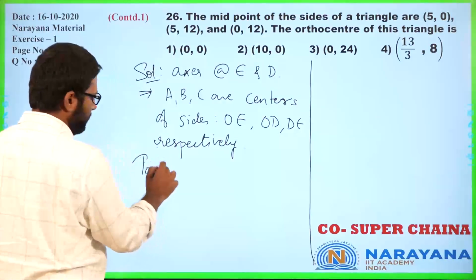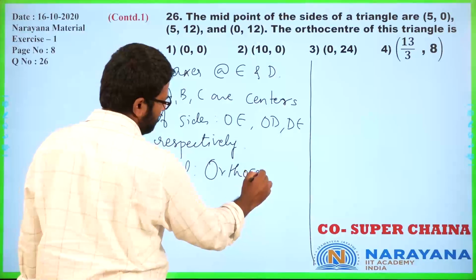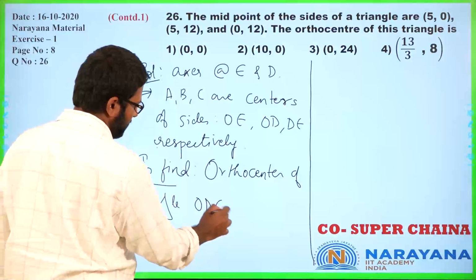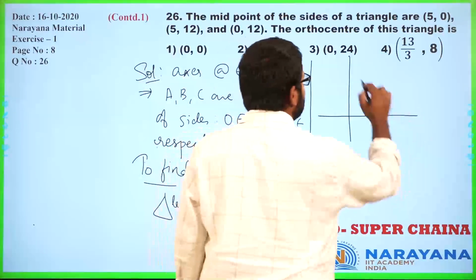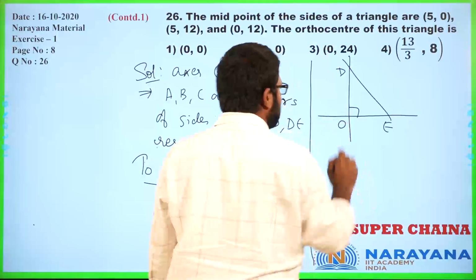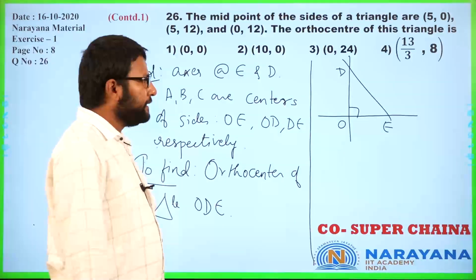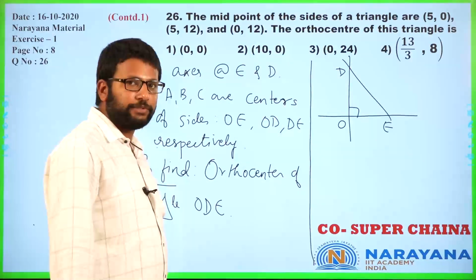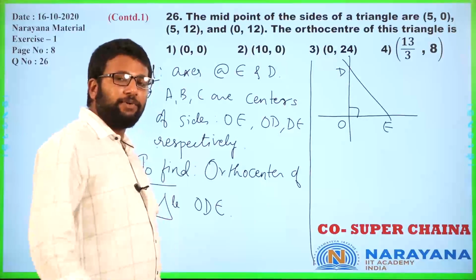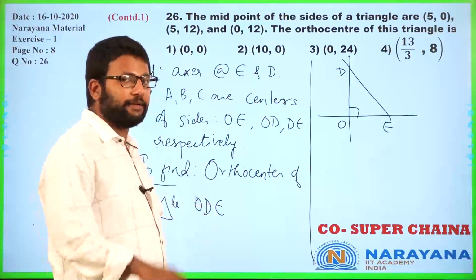Okay, what you have to find? To find the orthocenter of triangle ODE. Once again, for your reference, this is a right angle, right? Now you remember that the orthocenter is the point of intersection of all the altitudes, right? Now this is a property again you might have studied earlier, that for a right angle triangle the orthocenter is automatically the right angle vertex itself.